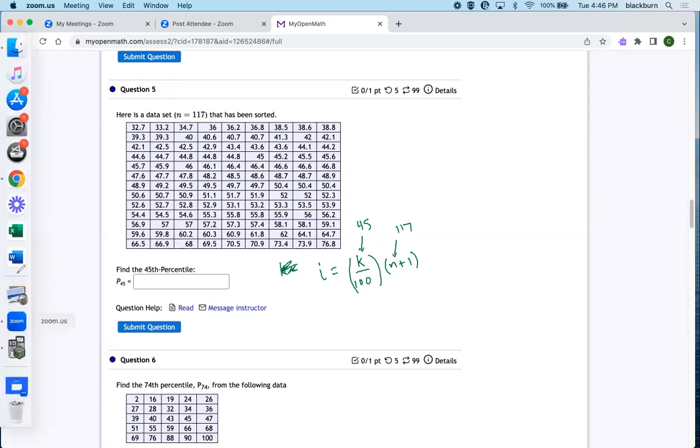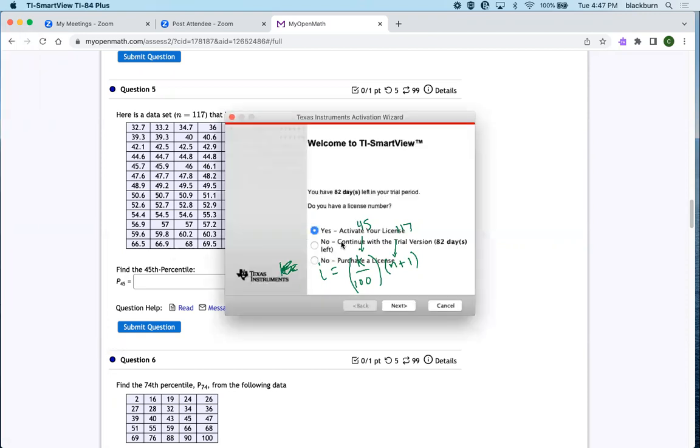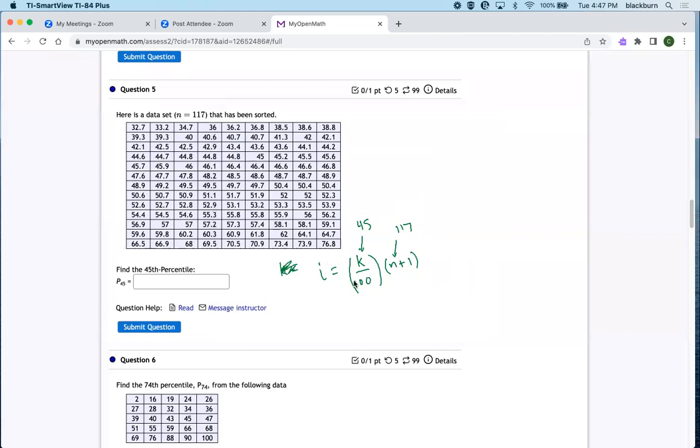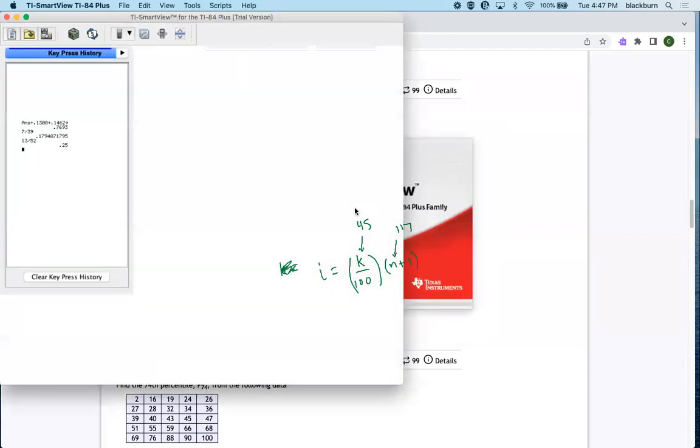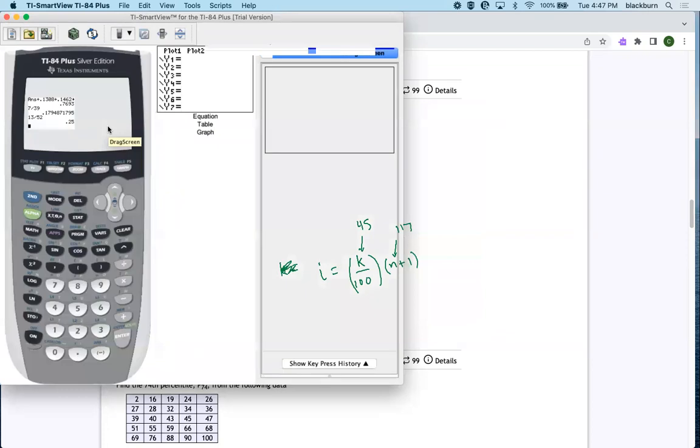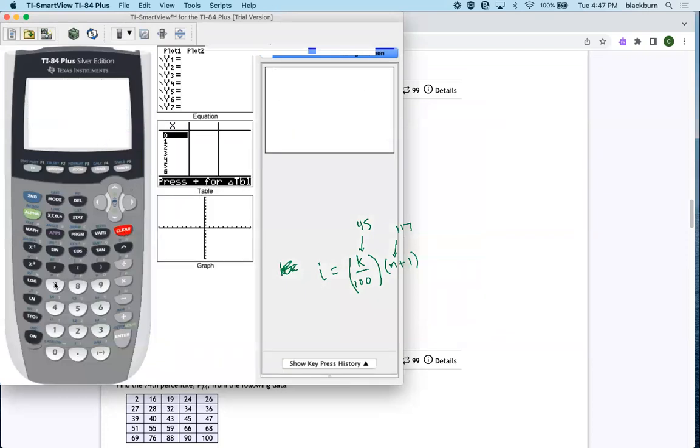So that calculation is going to be 45 over 100 times 118, right? Because we put 117 in for N, so times 118. So this 45th percentile is going to be in about the 53rd position.